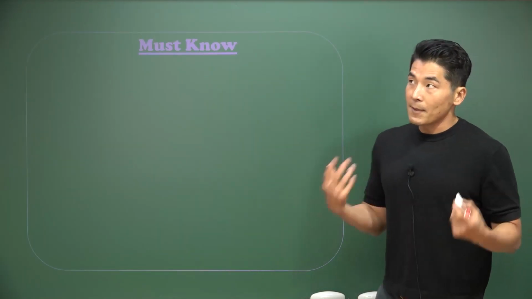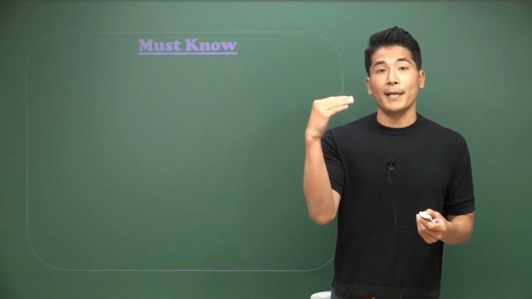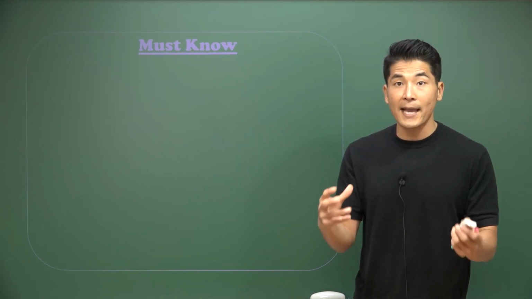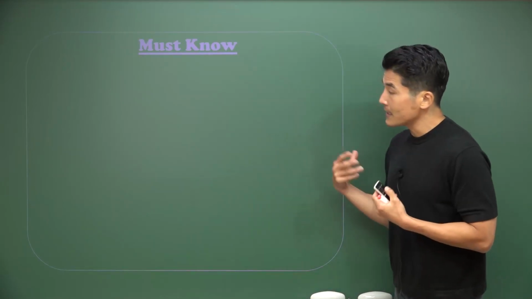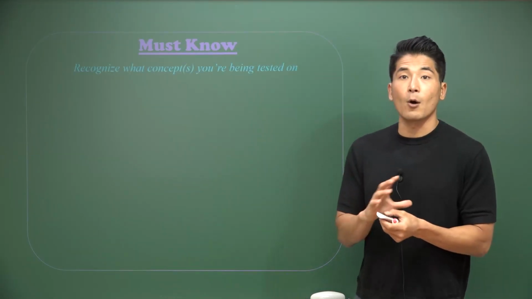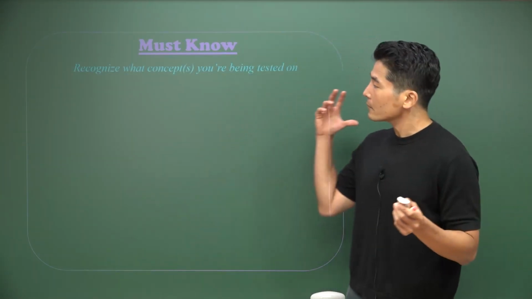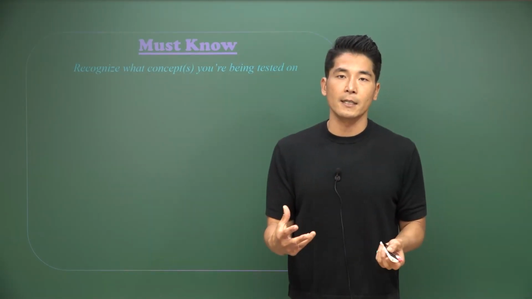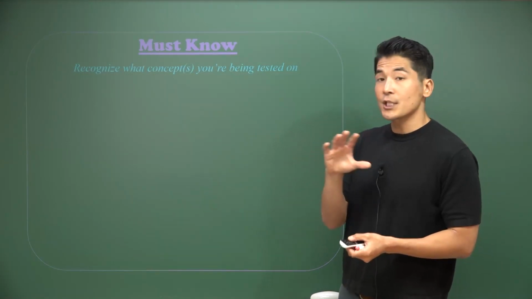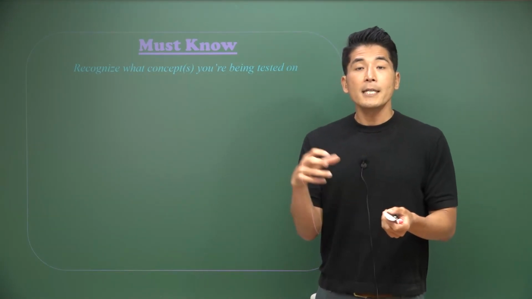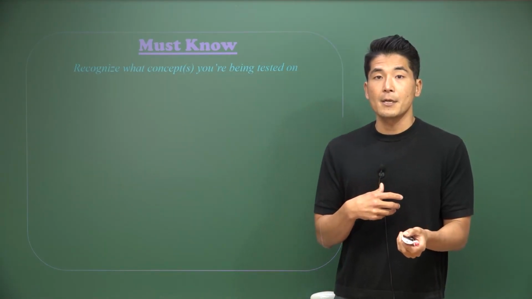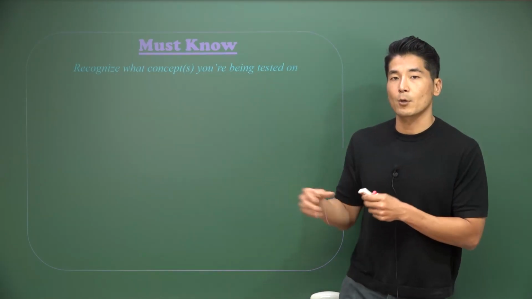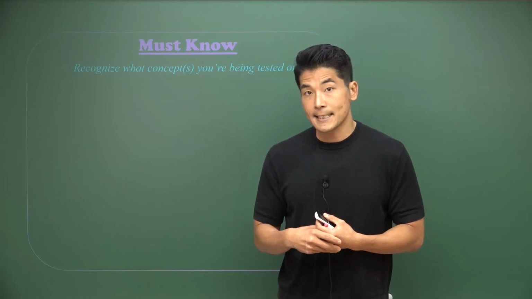So some high-level points that I want you guys to make sure that you fully grasp and apply on this test are, first and foremost, awareness is key. You have to recognize what concepts you're being tested on. So before you just start automatically reading the passage, take a glance at the answer choices. The answer choices can be a powerful tool to tell you what concept or question type the SAT is testing you on.